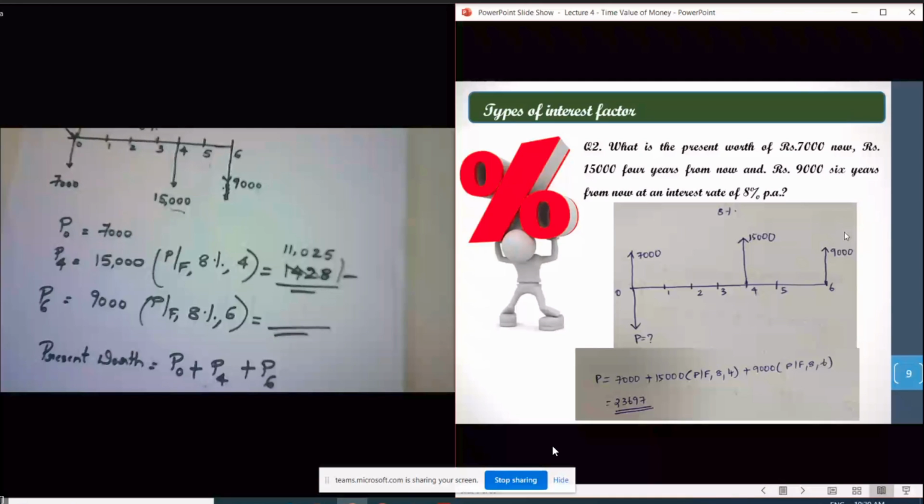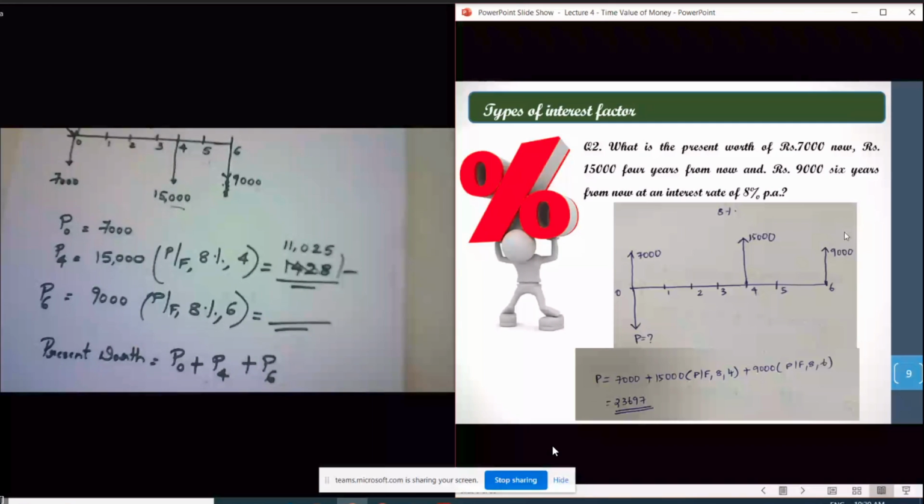That is what they have considered in the PPT. So either you can go with the downward arrow or you can go with an upward arrow here, because they have not mentioned whether there is an investment or the company is getting the receipt.